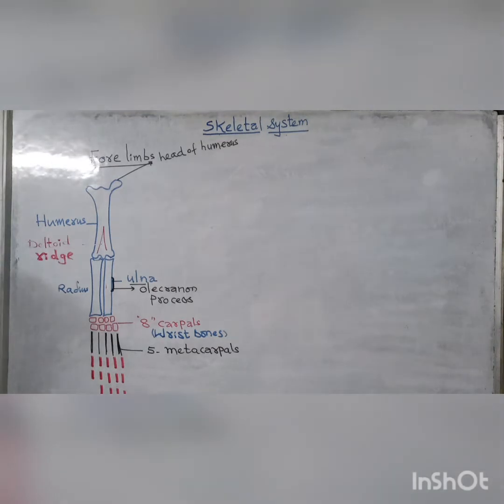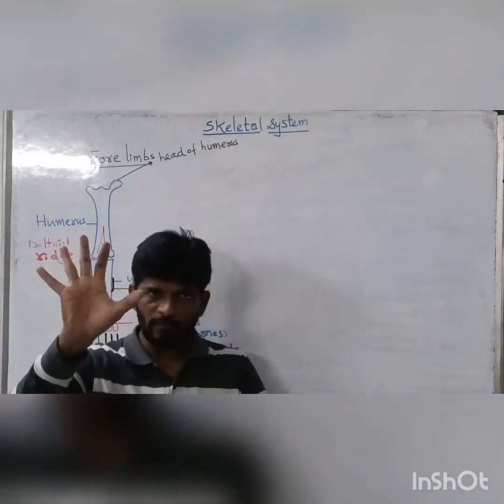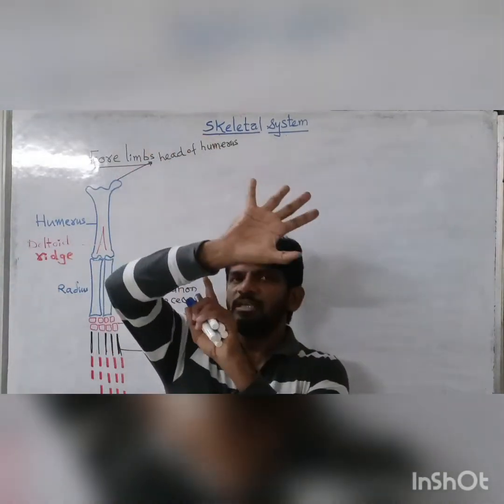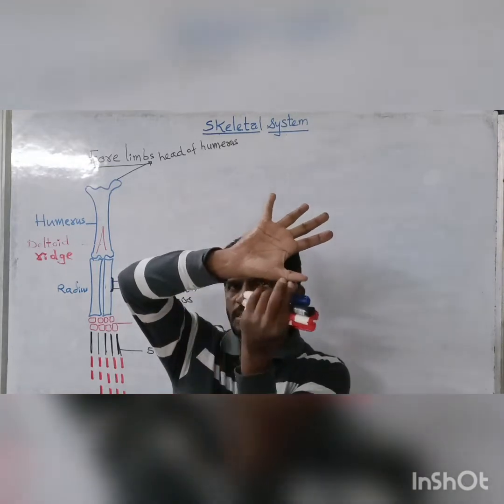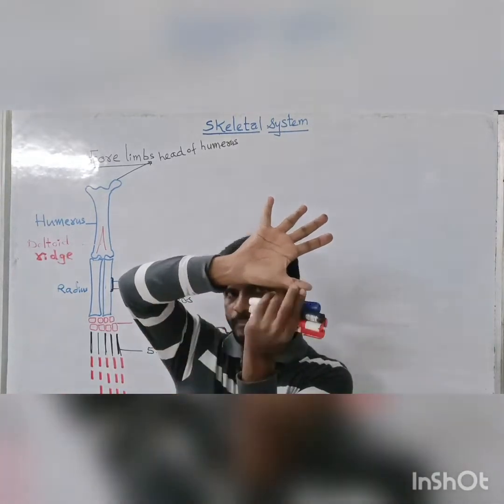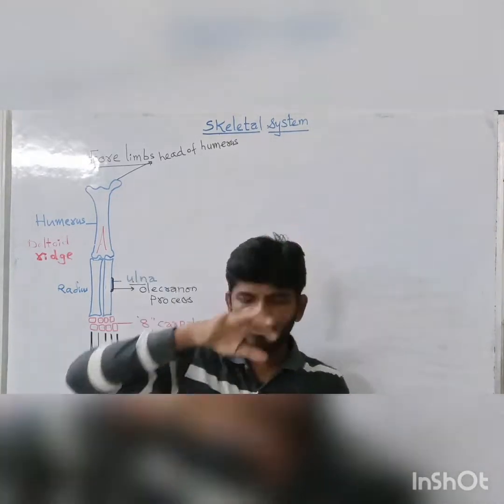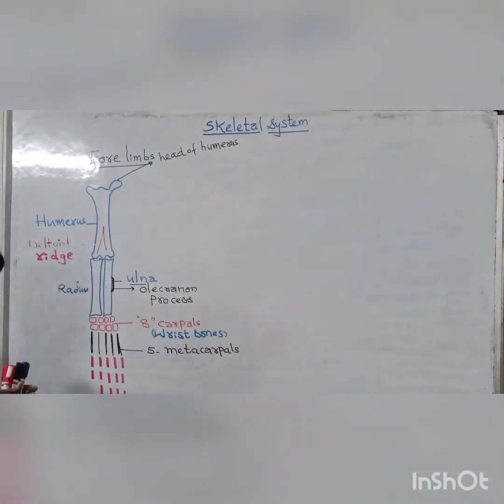See the diagrammatic representation. The radius is the bone which is facing towards the thumb.